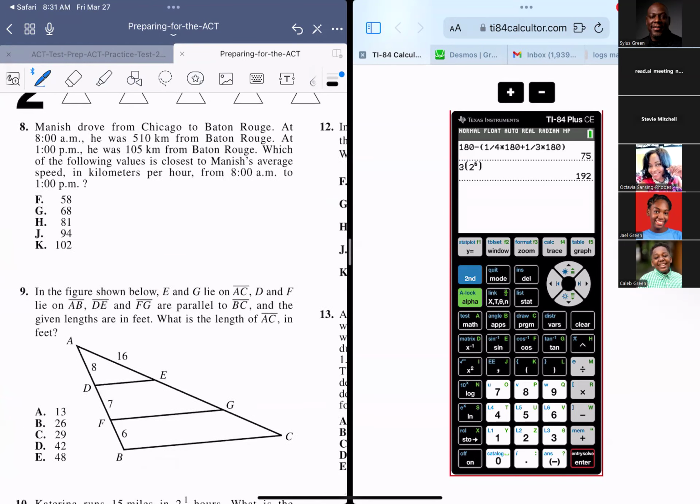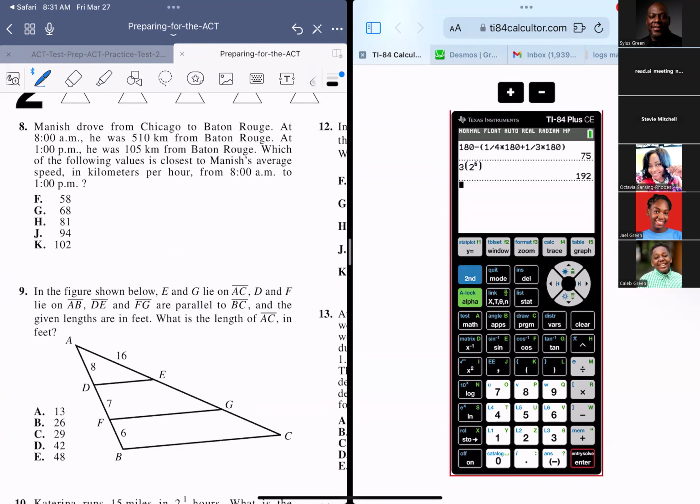Okay. Manus drove from Chicago to Baton Rouge. At 8 a.m., he was 510 kilometers from Baton Rouge. At 1 p.m., he was 105 kilometers from Baton Rouge. What's his average speed in kilometers per hour from 8 a.m. to 1 p.m.? So the average speed.